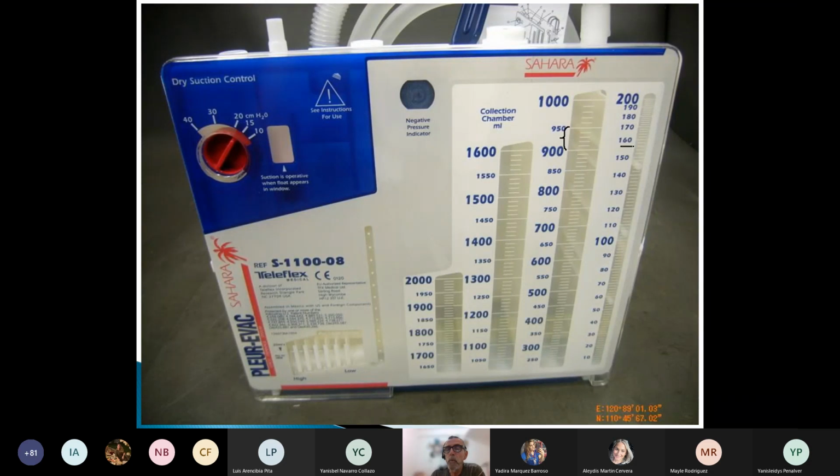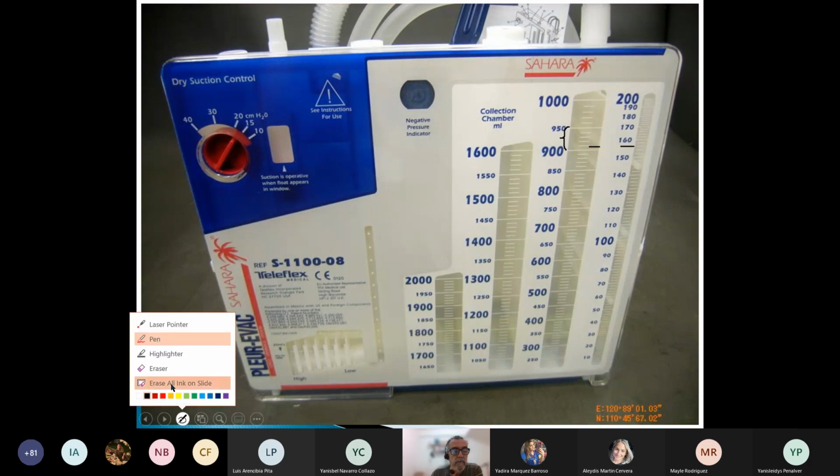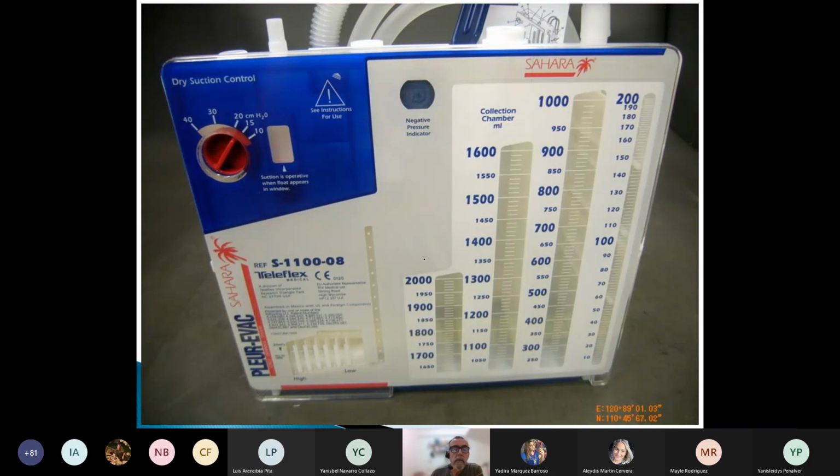Here it is worth 2. Here it is worth 10. So you need to know how much each one of the lines is worth. It applies for syringes. You can have questions about syringes, etc. It's just knowing the gradation, the value of each line when it increases in different ways.